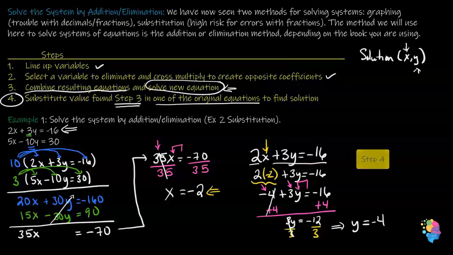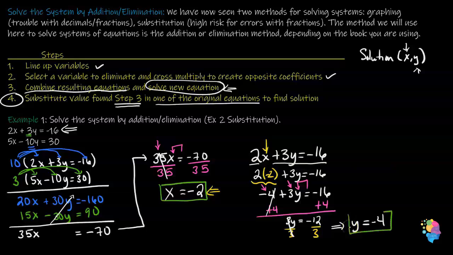So now we have the x value and the y value. That means that our solution is going to be negative 2, negative 4. Now you can go back to the video for substitution and you will see that this is the same solution.